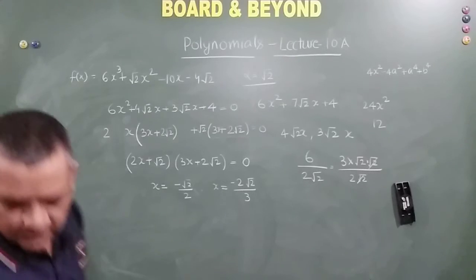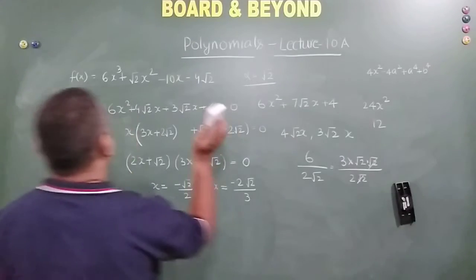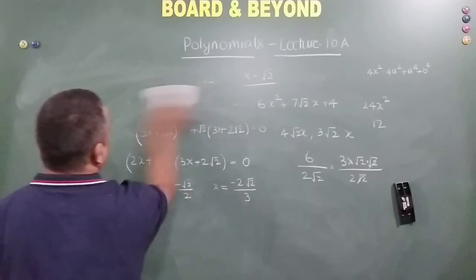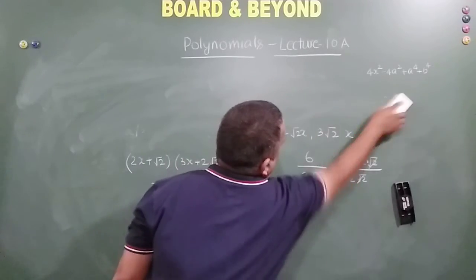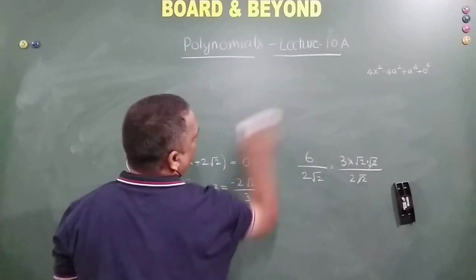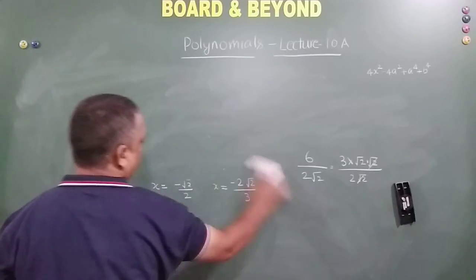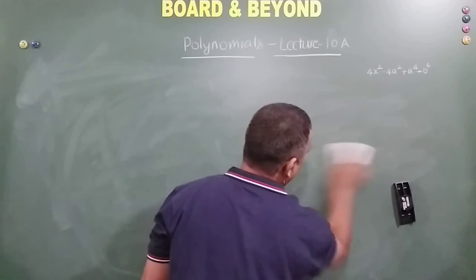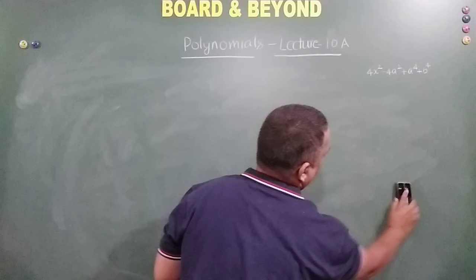This will just be a repetition of some other things. So let's move on to the next question, friends. At your leisure time, you can establish the relationship between roots and coefficients of that cubic polynomial, whatever we did just now.